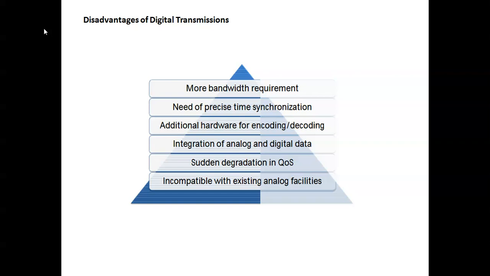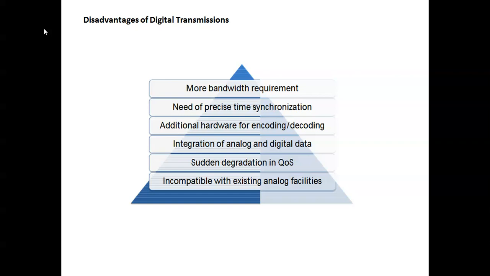Another drawback is sudden degradation of QoS, the quality of the system. It is also incompatible with existing analog facilities. You have to convert analog to digital, then on the receiver side convert digital to analog.